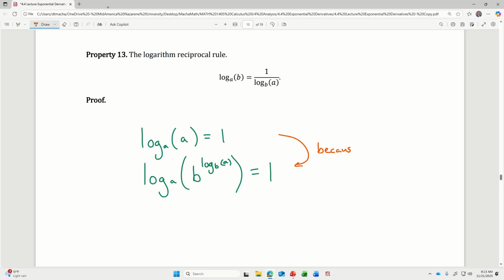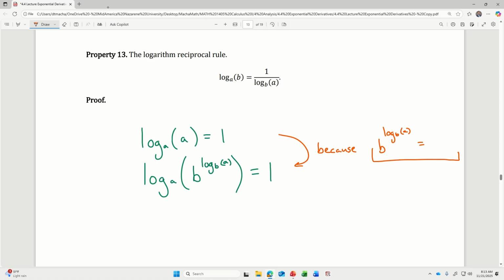Because b raised to the logarithm base b of a is equal to... Leah, what is this equal to in orange? What is b to the power log base b of a? Antonio, what is this equal to?